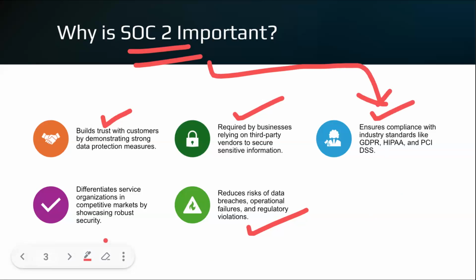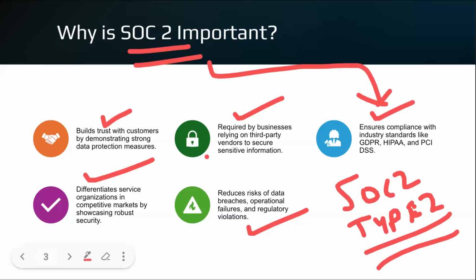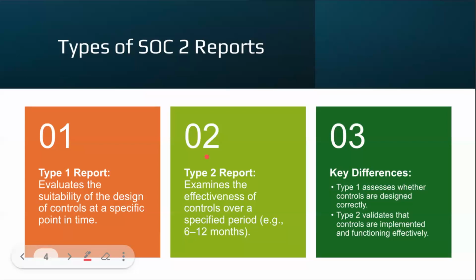It also differentiates a service organization in a competitive market: if you produce a SOC 2 type 2 report, you are ahead of the competition. SOC 2 type 2 is preferred by customers.